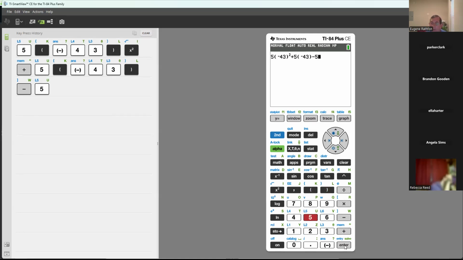When I hit enter, I should get one of them 4 big numbers. And when I hit enter, I get 9,025. I think that was one of my choices, right? So that was definitely RA. Good job.